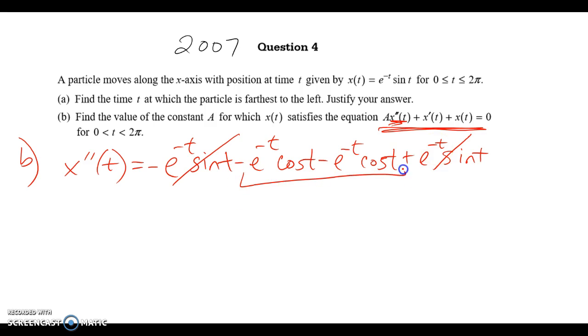And these two will combine, so basically my second derivative is negative 2e to the negative t cosine t.